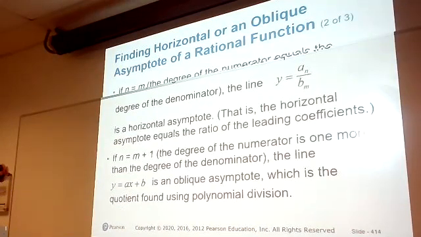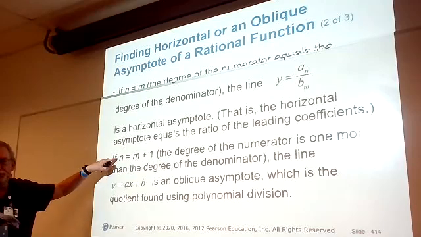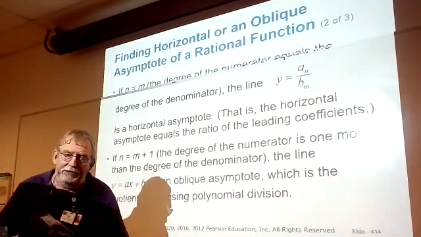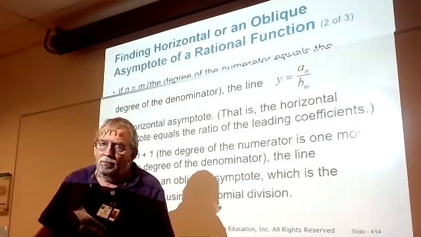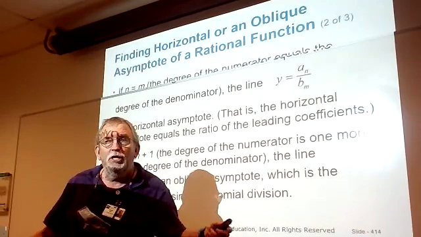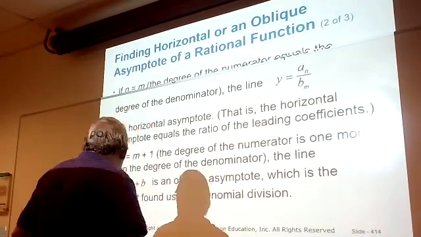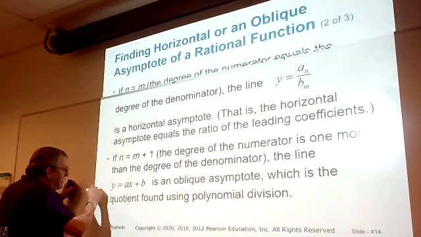Now, if the numerator is a larger degree than the denominator, then you don't have a horizontal asymptote. You could have an oblique asymptote. What we mean by oblique is an oblique angle.